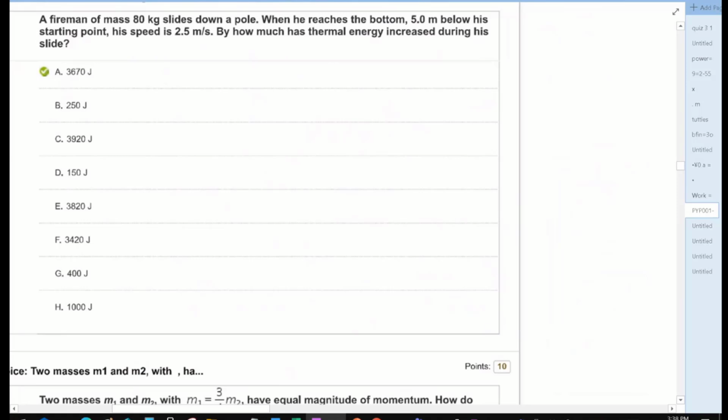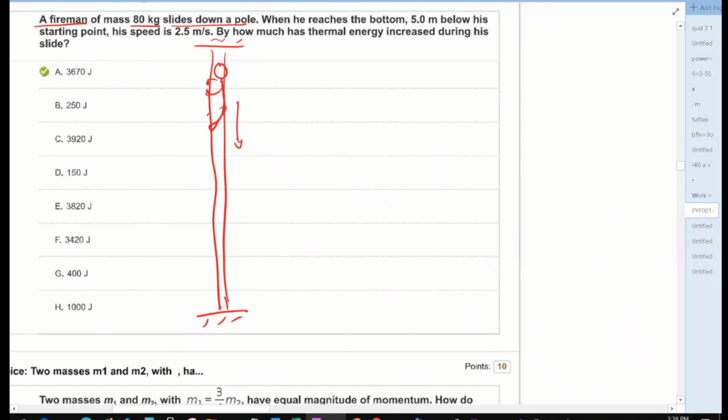A fireman who has a mass of 80 kilogram slides down a pole, like in the fire station, for example. So he holds this pole to slide down.